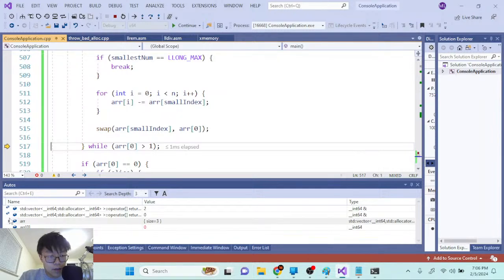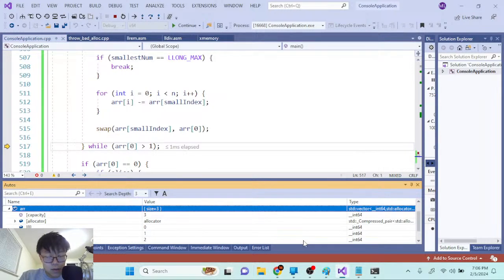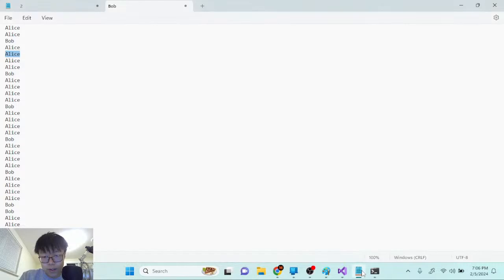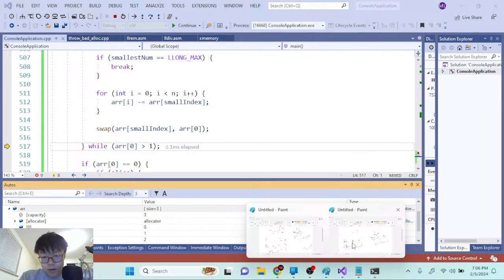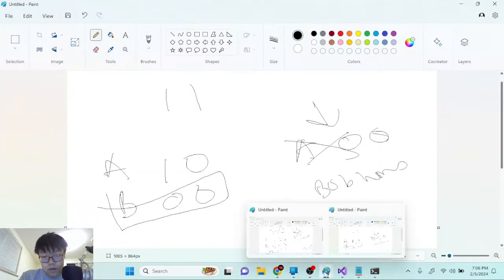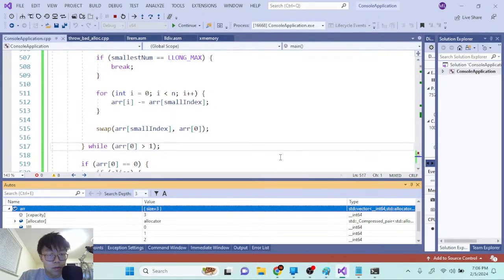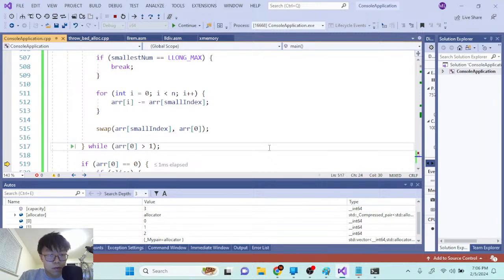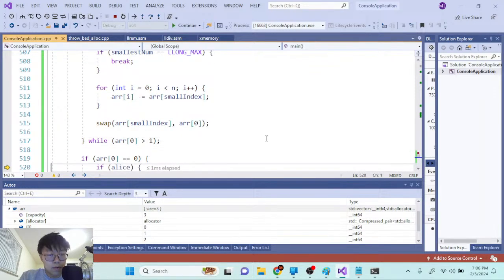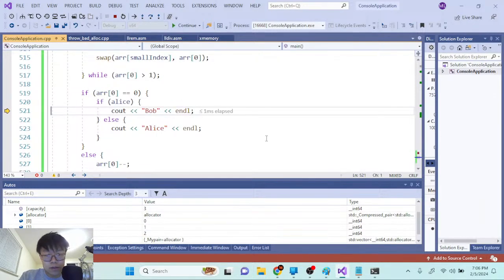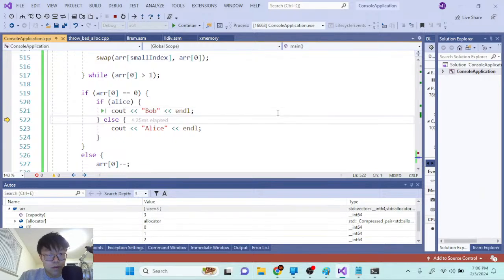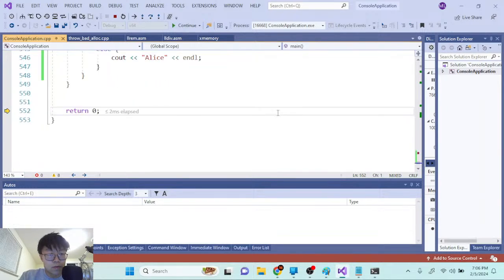So then we get 0, 1, 2, and what should that be? End of Alice's turn, so then, yeah. Alice is 0, Bob wins. Okay, that's good.